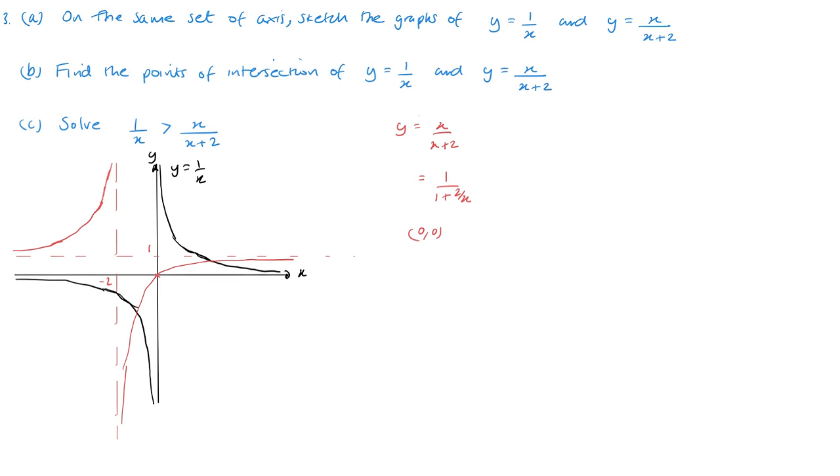If I put in -10, -10 over -8 is going to be a small value. It's going to be going down there. So that makes sense. So I've sketched the graphs here.